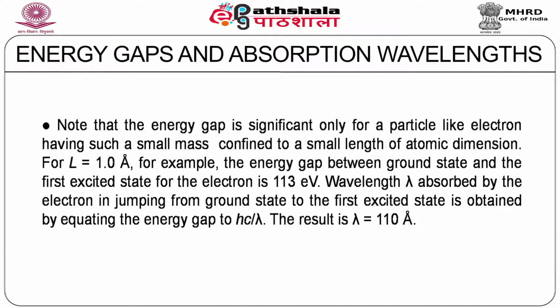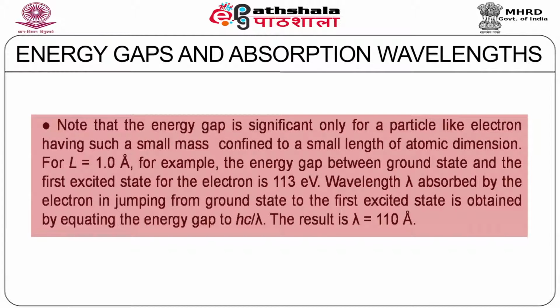So we take L equal to 1 angstrom, which is approximately the size of an atom. If you take this value, then the energy gap between the ground state and the first excited state for the electron is 113 eV. You can check this by putting n equal to 1 in the equation shown on the screen.